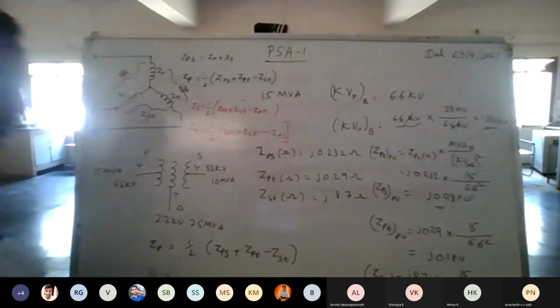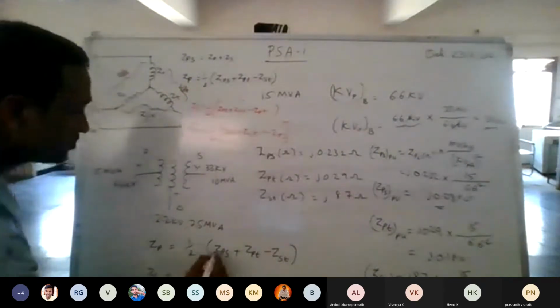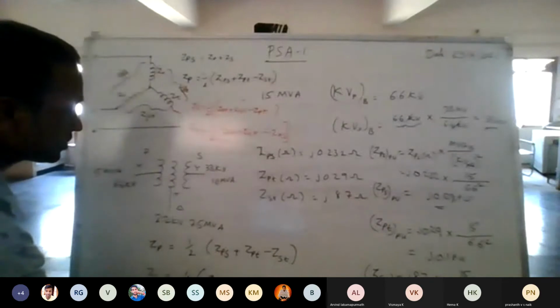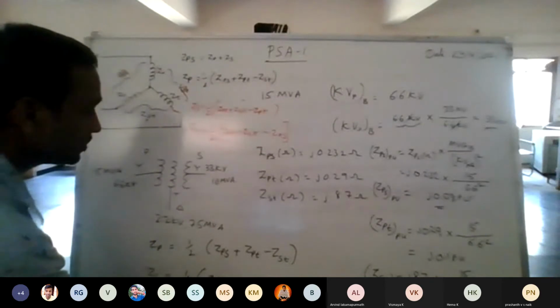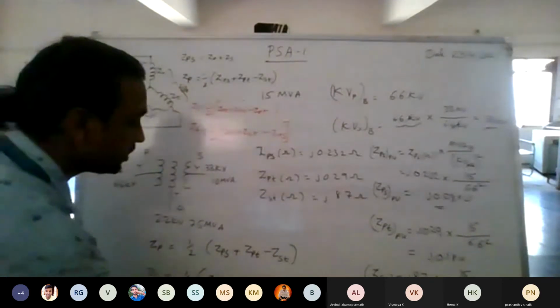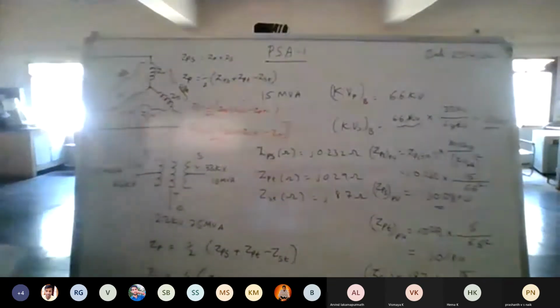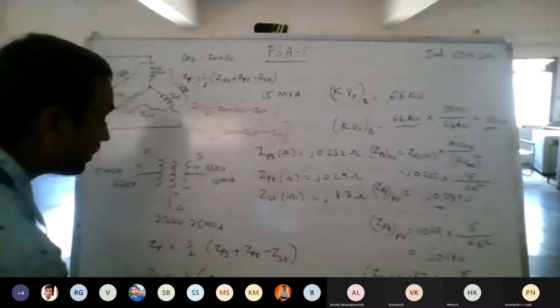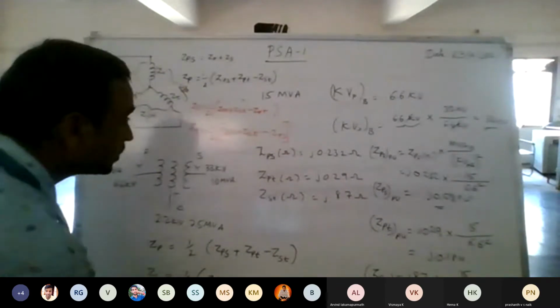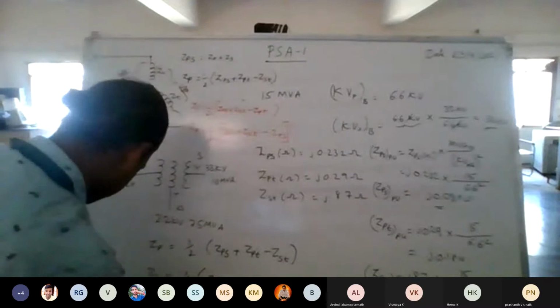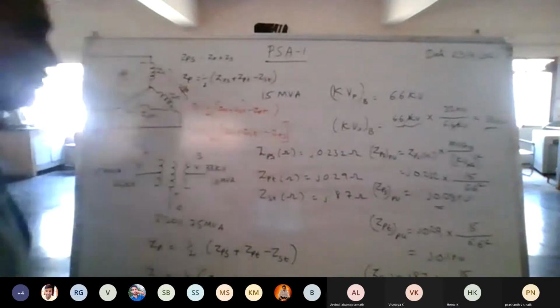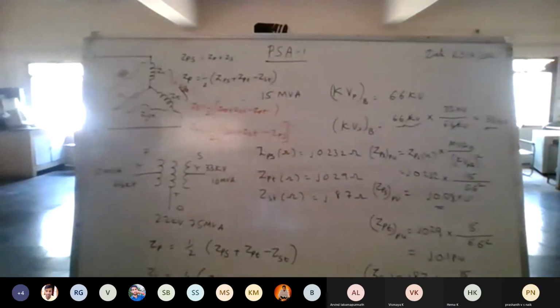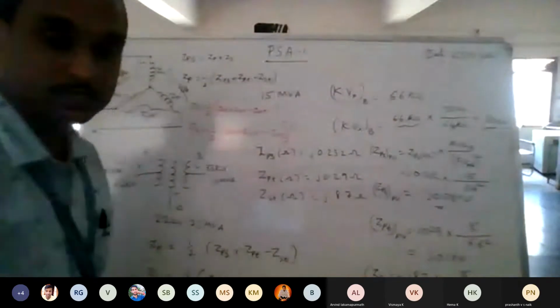So write again: half of ZPS plus ZPT minus ZST, half of ZPS plus ZST minus ZPT, half of ZPT plus ZST minus ZPS.